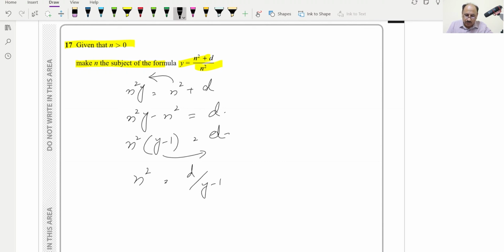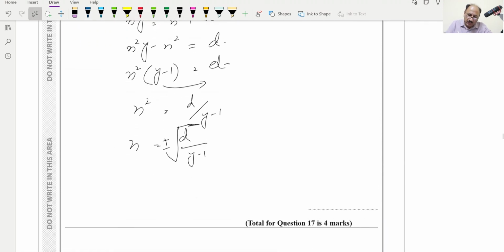Now what we can do, we can take the root. n squared is equal to d over y minus 1, and this will be under root, and the square we have to remove, and this will be plus minus. Now we have to check this given information, n is greater than 0.